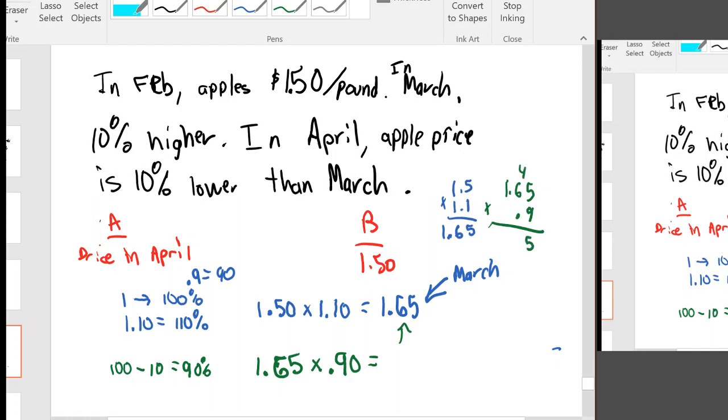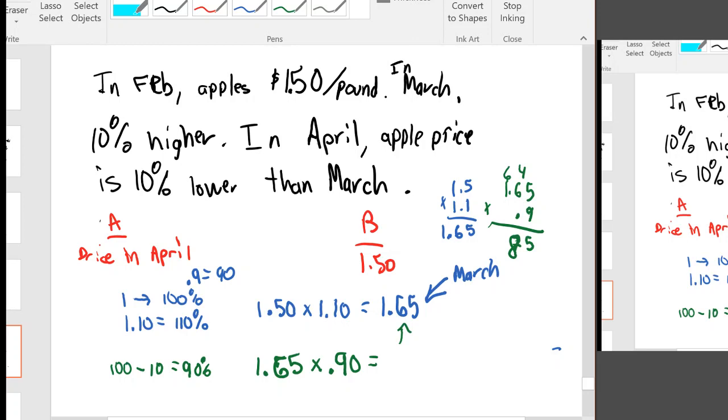So if I do this math out, I believe it's going to be 1.475, but let me just double check. 9 times 5 is 45, 9 times 6 is 54, plus 4 is 58, and 9 times 1 is 9.